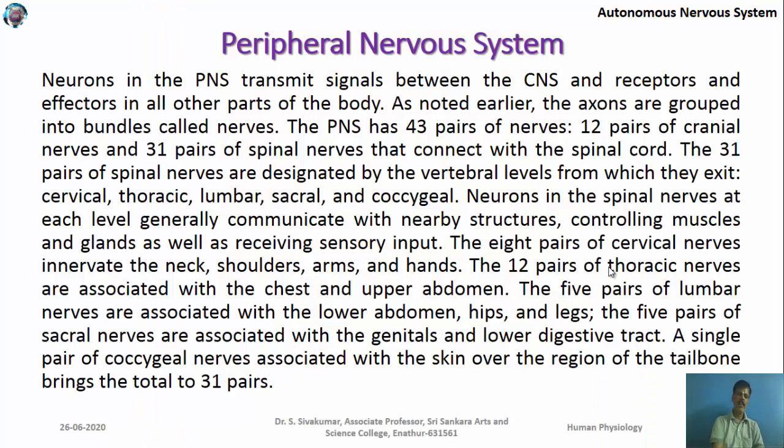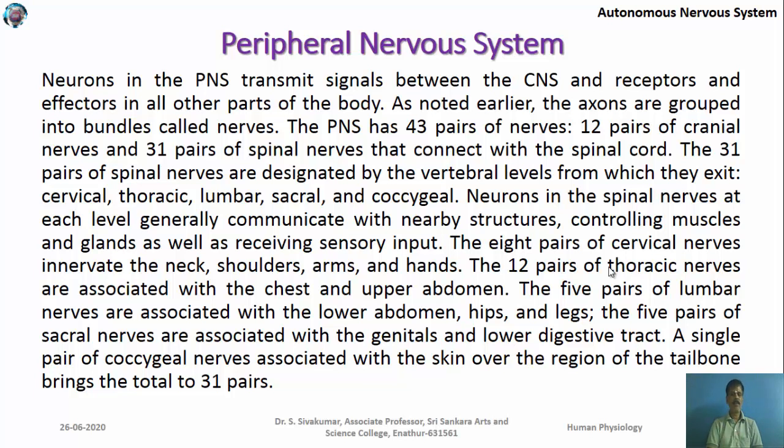Apart from the central nervous system, there is another nervous system known as the peripheral nervous system. This peripheral nervous system transmits signals between the central nervous system and the receptors or effectors in all other parts of the body. There are about 43 pairs of nerves in the peripheral nervous system.